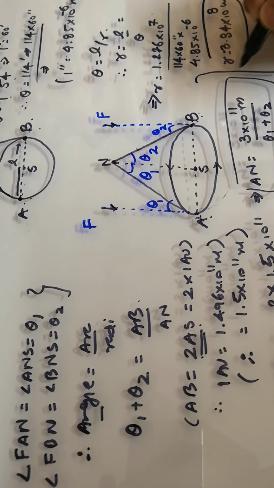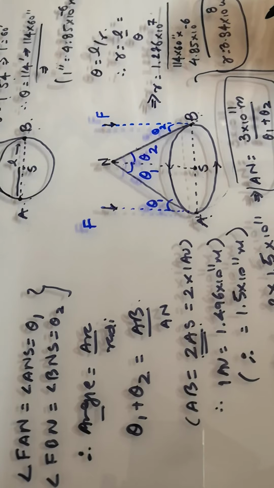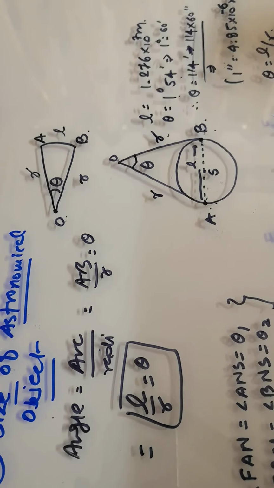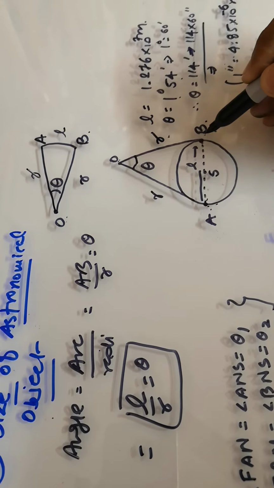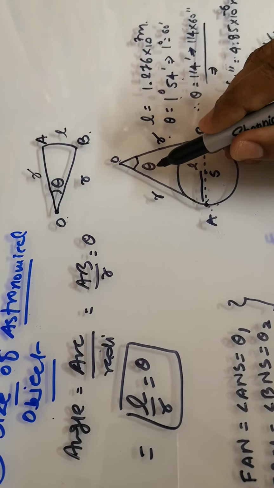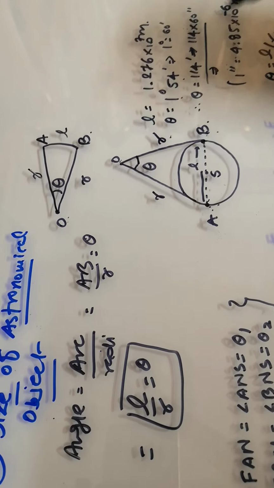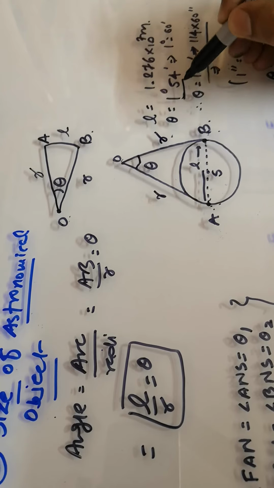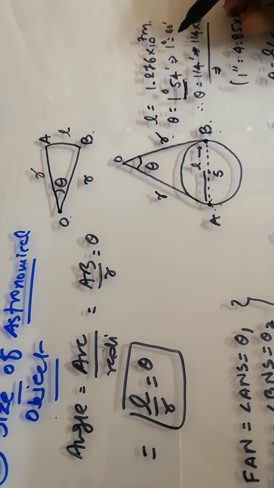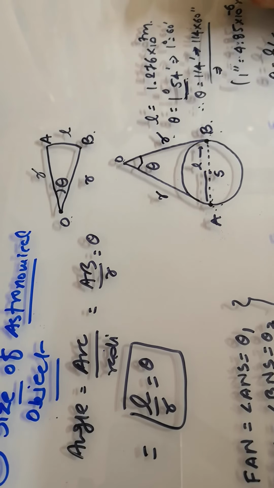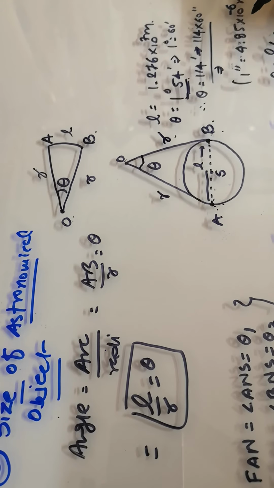So this is the example where you have been given the diametrical distance between A and B, and their theta is 1 degree and 54 minutes. Previously we were multiplying by pi upon 180 to convert into radians.